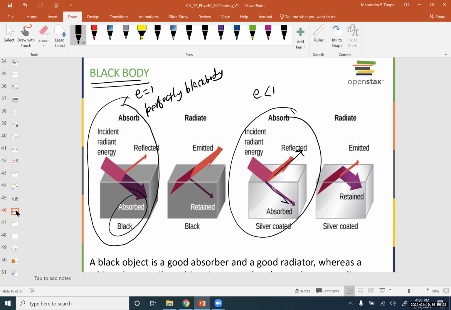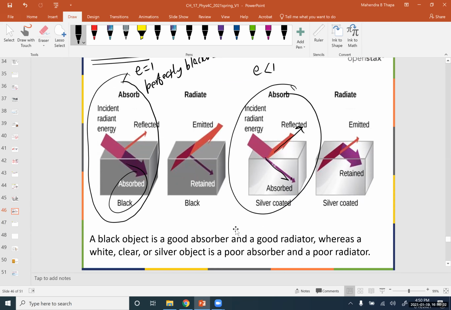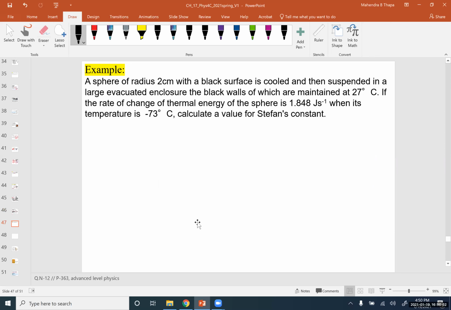Okay, so a black object is a good absorber and a good radiator of heat, whereas a white, clear, or silver object is a poor absorber and a poor radiator. Black cloth, for example, is a good absorber and at the same time a good radiator of heat.